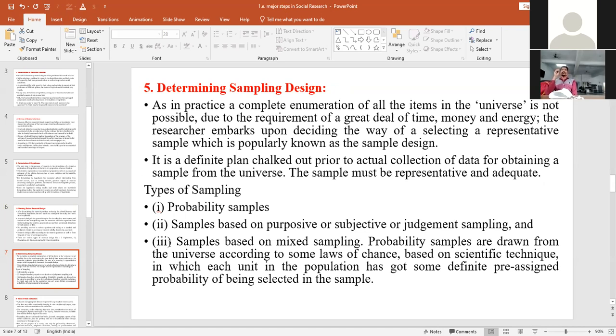Sampling is the most important part of the research design, because if we want to study the socio-economic conditions of tribal people, first of all we have to design the study area. We have to conduct the study in tribal areas. If we want to study in Telangana, first of all we have to identify the tribal districts within Telangana, and we have to go to the tribal districts and collect information from the respondents.